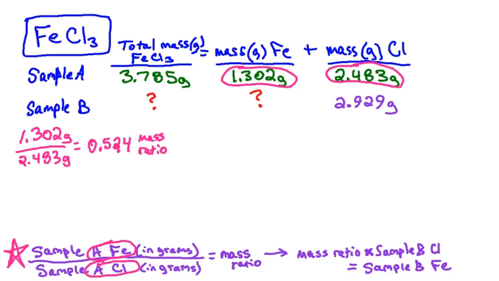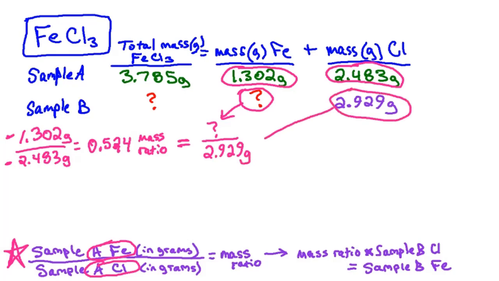So we're going to take that mass ratio, and if we divided the sample A of iron divided by sample A of chlorine and got that mass ratio, then that mass ratio should equal sample B's iron, which is question mark, it's right here, divided by sample B's mass in grams of chlorine, which is right here.